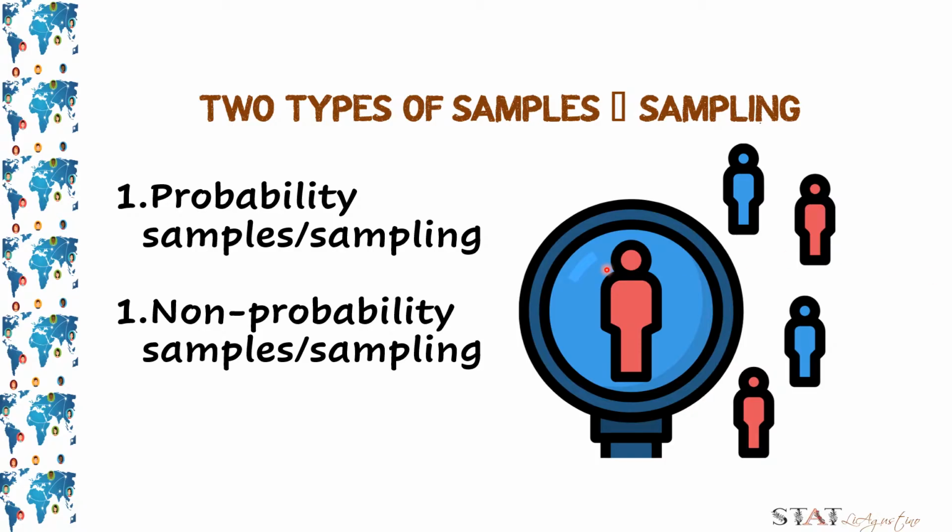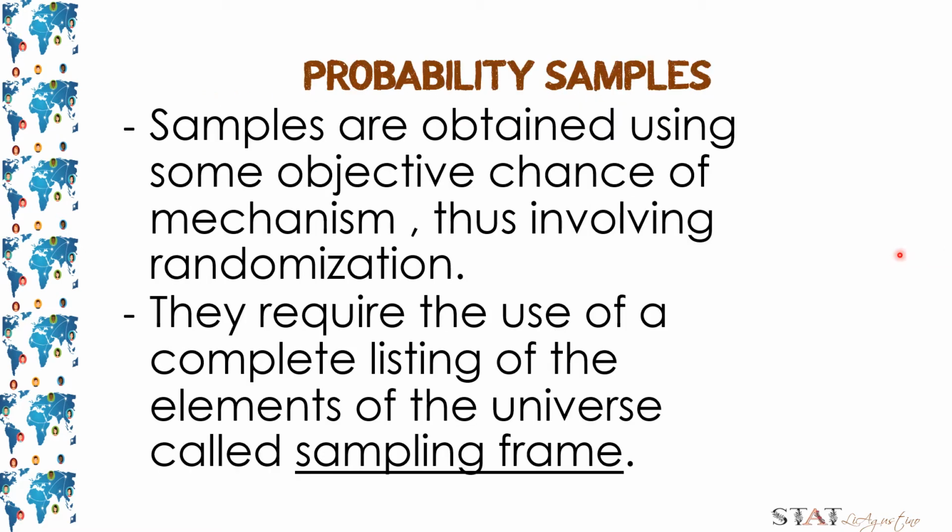Then, there are two types of samples or sampling: probability sampling and non-probability sampling. So, what is probability sampling? This means that samples are obtained using some objective chance mechanism, thus involving randomization.